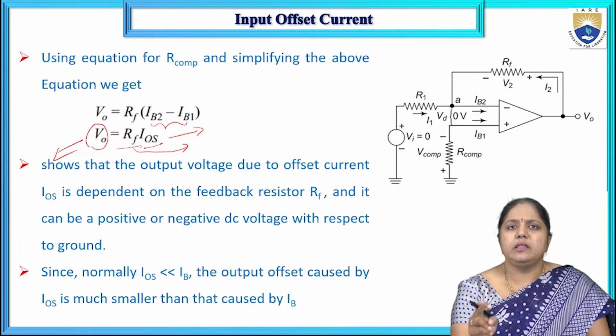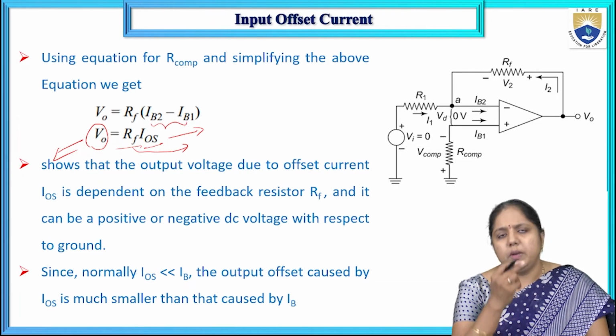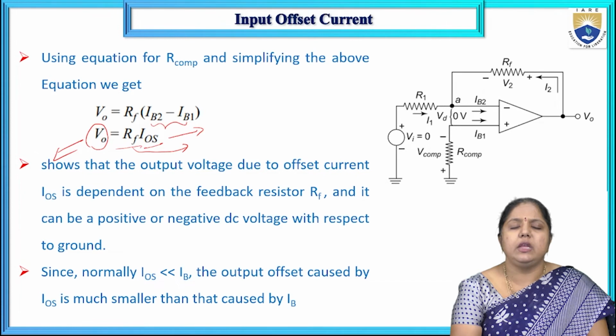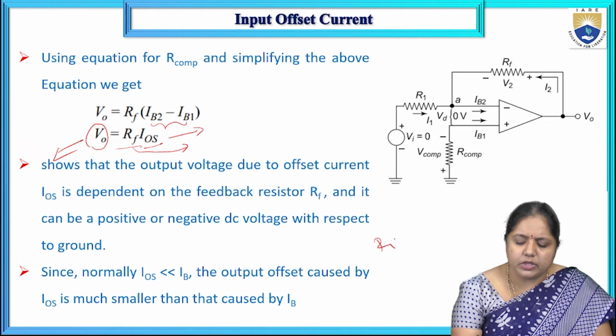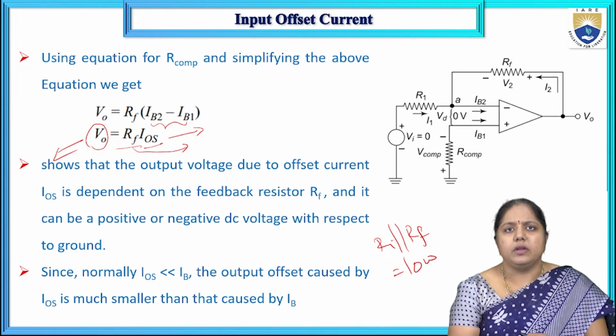If RF value is high and RA value is high, then only I can get the overall input impedance of the op-amp as high. Suppose the input impedance of the op-amp RA is high and the feedback resistance is low, then due to the parallel combination of the input resistance and the feedback resistance, I get a low value itself, right?